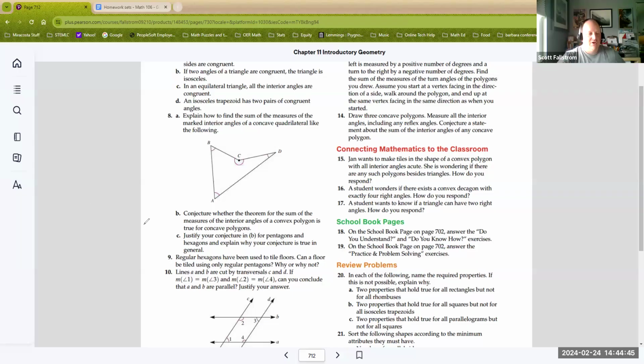You could create a point in the interior like this, and then create triangles, realizing you might be overcounting a bit, but just make sure you remove that, and that will tell you how to find the sum of the interior angles of this particular shape.